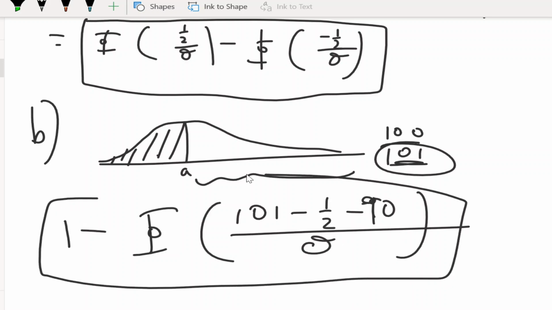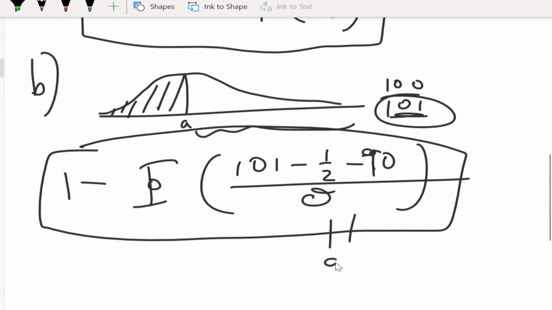And if you simplify that, it should be equal to 10.5 over sigma, my bad, and then if you just use a calculator, you'll get your answer.